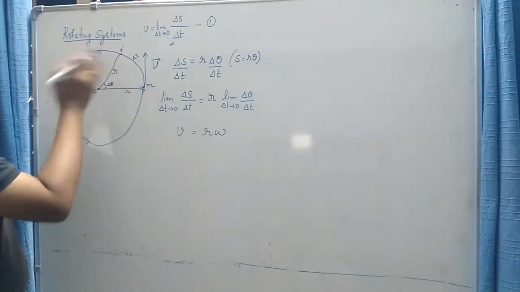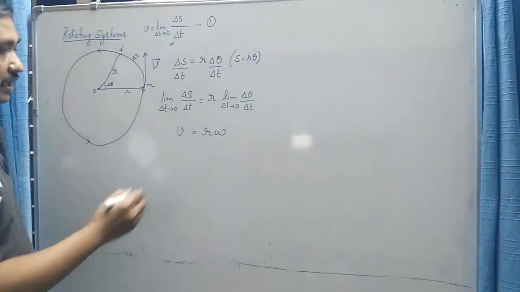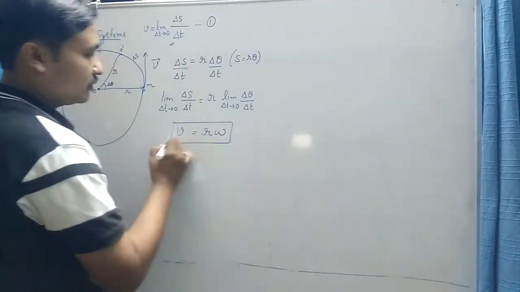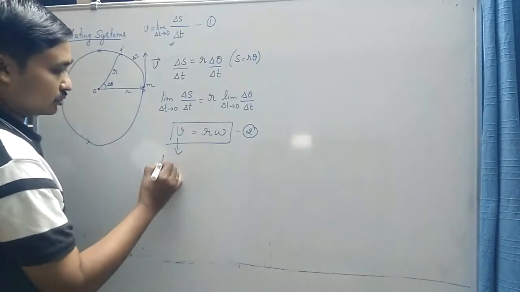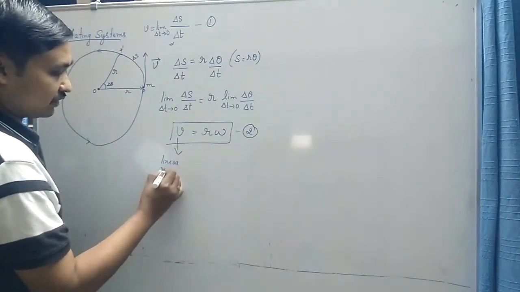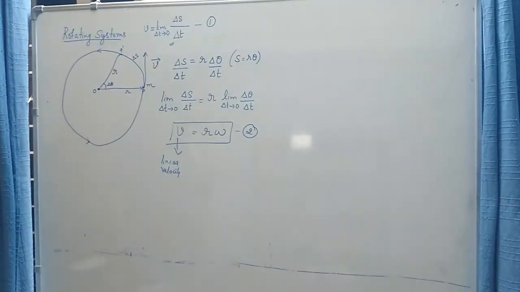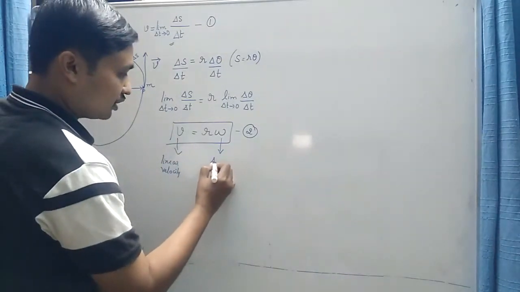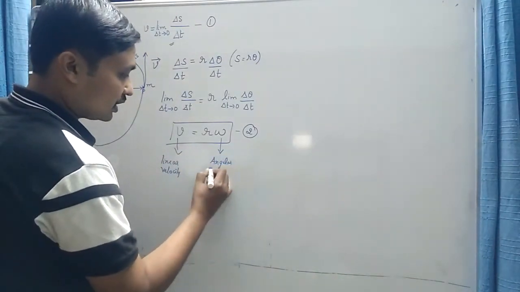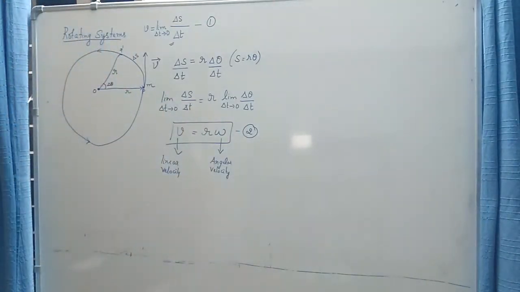When the particle exhibits rotational motion, this velocity v is the linear velocity, omega is called the angular velocity, and the relation between these two velocities is v is equal to r into omega. The linear velocity is a useful physical quantity for a particle moving in straight lines, that is, linear motion, whereas angular velocity is useful for describing a particle exhibiting rotational motion.